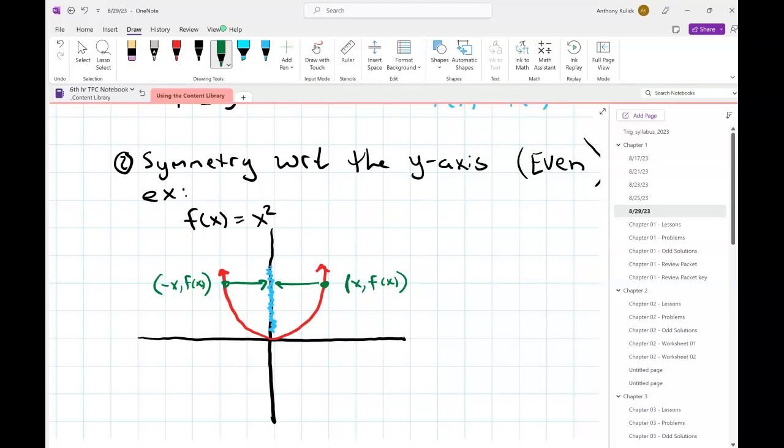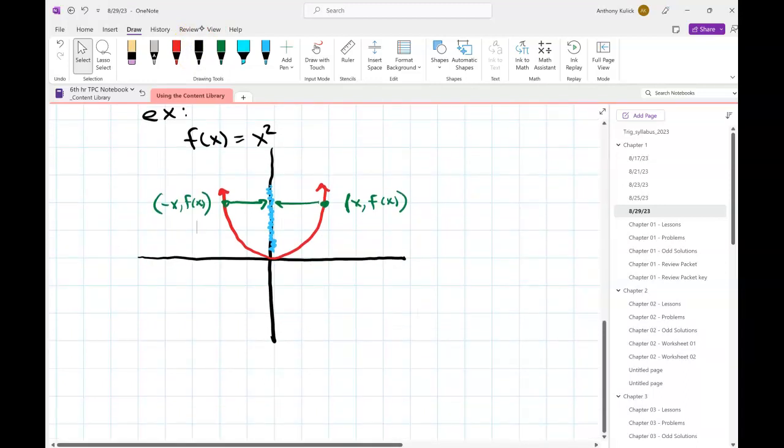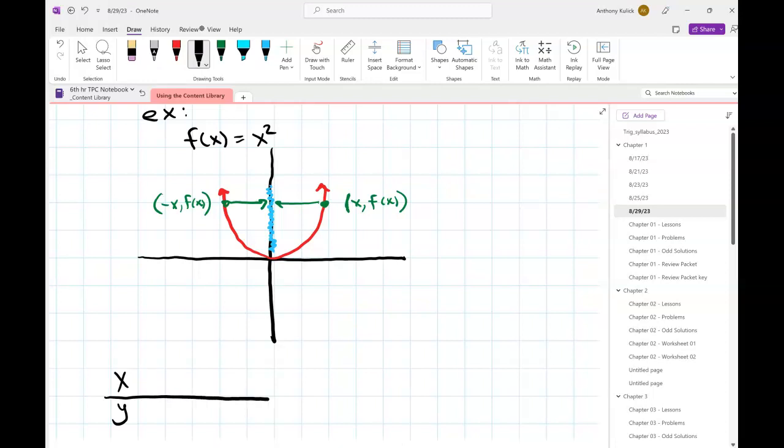Everybody's okay there? So if I made an XY table out of this, what would this look like?